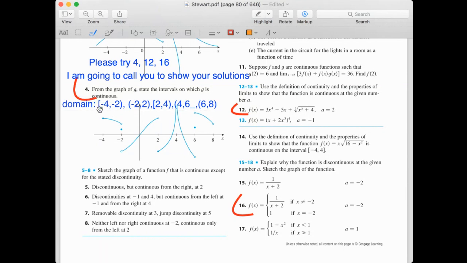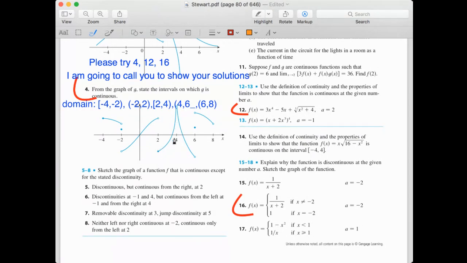Yeah, so these brackets and open parentheses are important notation. Bracket means the value is in the domain. Let's see the first one. -4 is in the domain of this piece. So -4 up to -2 with open parenthesis because it's an open circle. Then again, the next one is open circle, open circle, so open parenthesis up to 2 open parenthesis. But the next one is a bracket because this is a solid dot. 2 is in this domain.